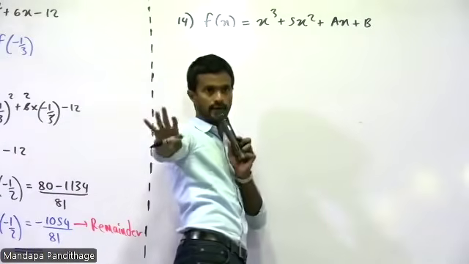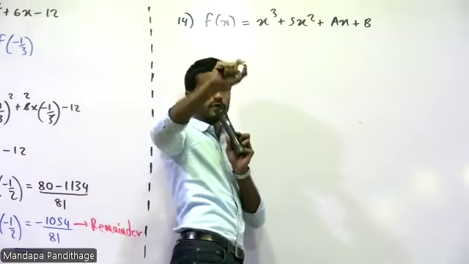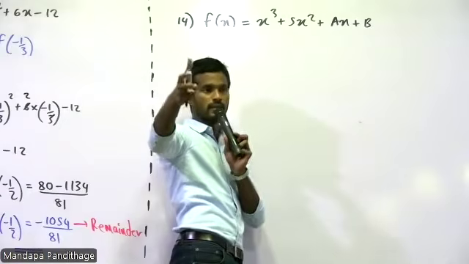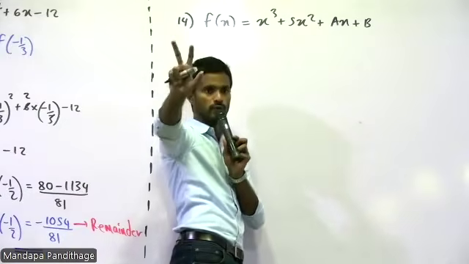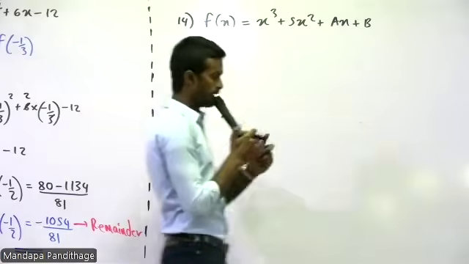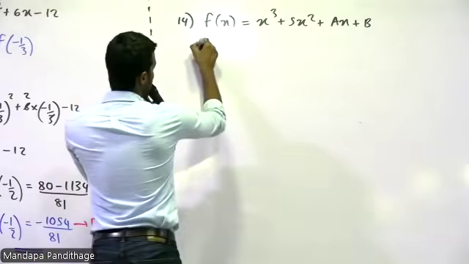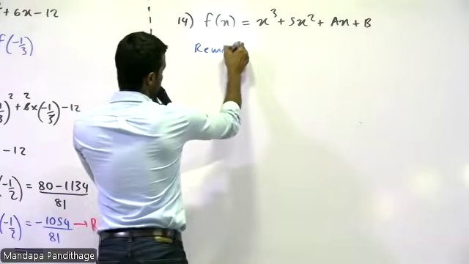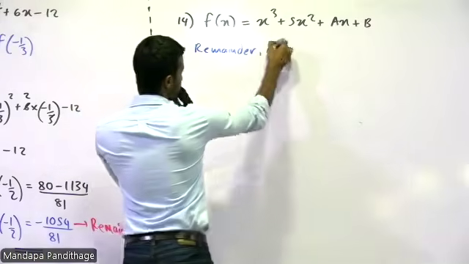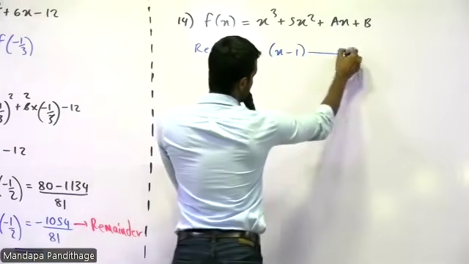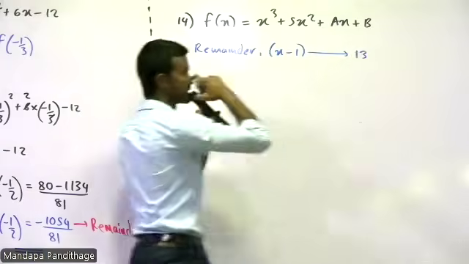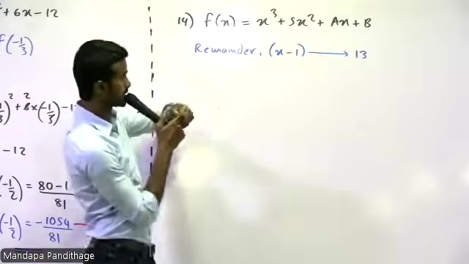They are not asking for a remainder. Right? If they asked, when divided by x minus 1, what is the remainder? You know that's f1. But here they have given that when divided by x minus 1, the remainder is 13.